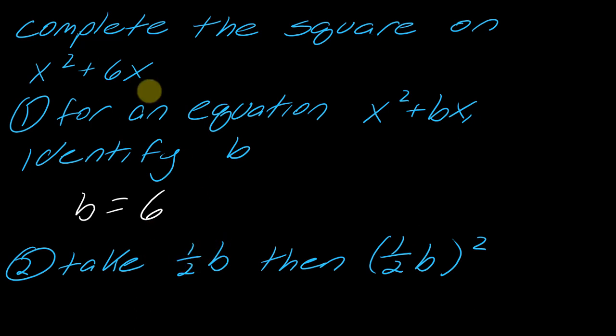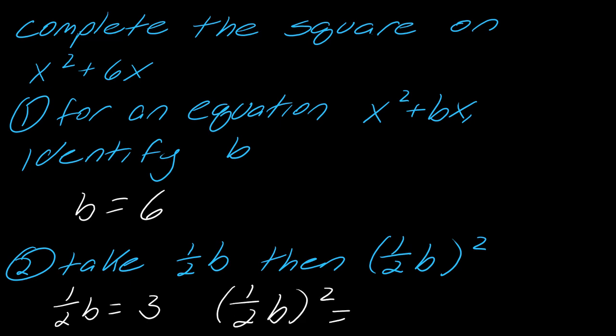You take half of b, so let's calculate that. Half of b is just going to be, what is half of 6? Half of 6 is 3. And after you do that, notice now I also need to calculate half of b squared. Okay, so I want to be really clear about this.